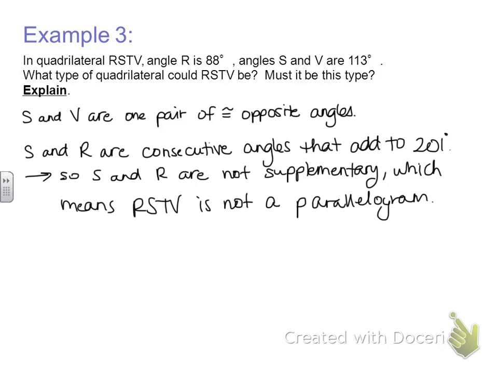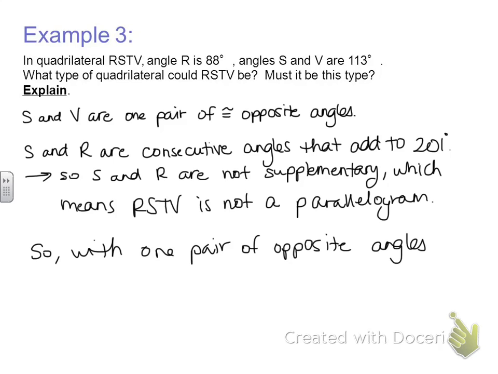So at this point we say, with one pair of opposite sides or opposite angles, RSTV could be a kite.